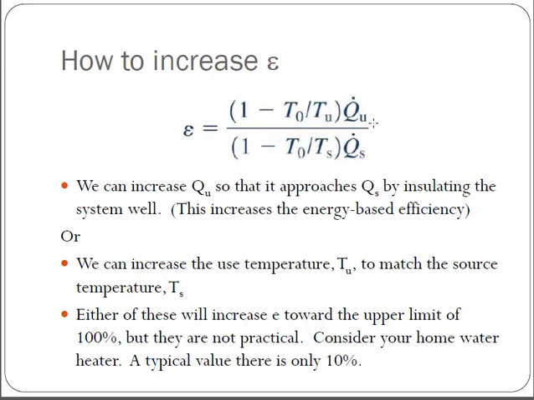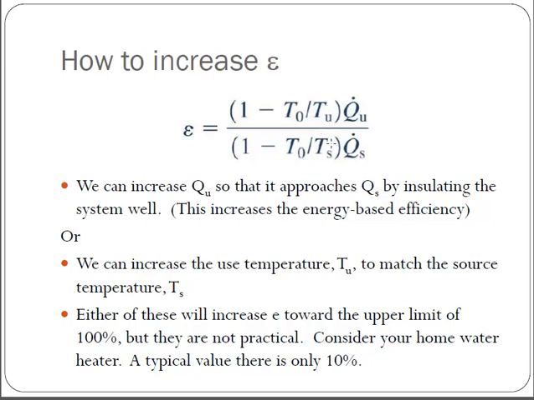Okay? So one way I would do that is to make QU closer to QS by reducing the lost heat transfer. In other words, insulate my system so that any heat that I'm trying to use actually does get used. Another way I might improve this efficiency, improve my use of resources, is to modify TU. Okay?